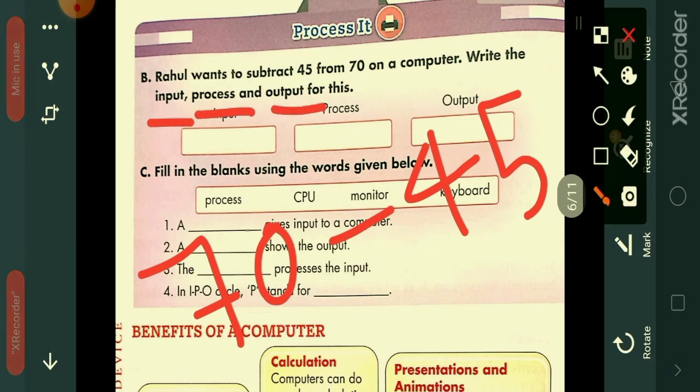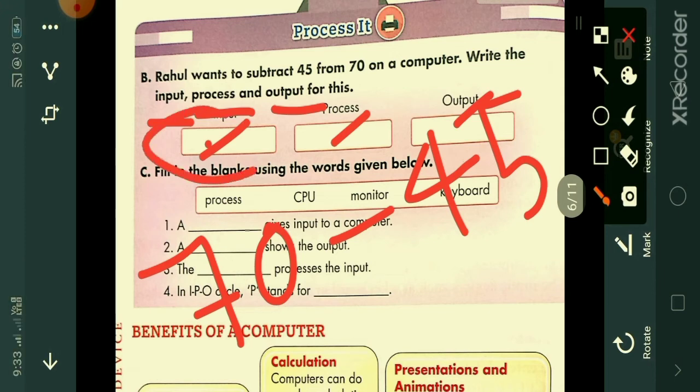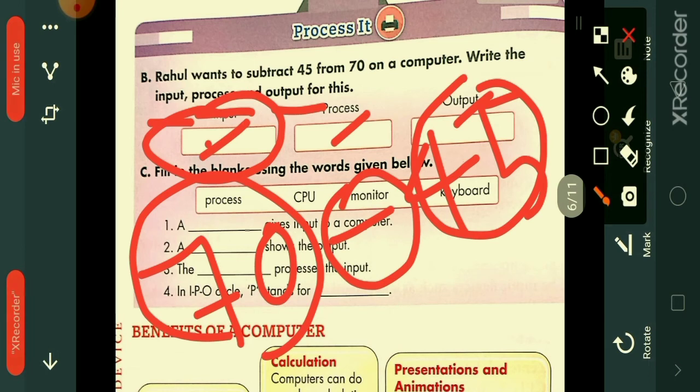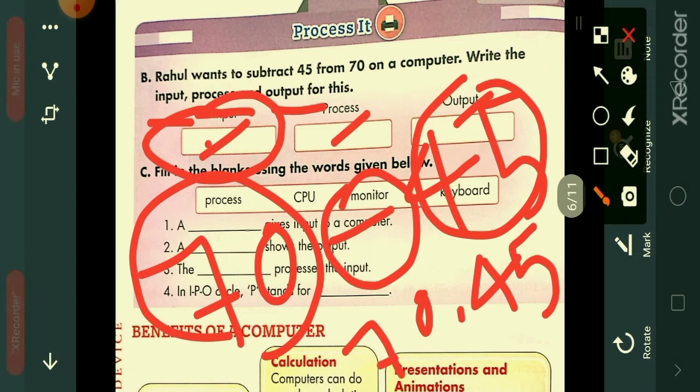You need to write here in the input section. You write the inputs you are providing to your computer, then in the process what happens, what you'll get, then finally the result you need to write. Okay, see, suppose in the input section you need to write the data and instruction: 70 comma 45, then the sign minus.